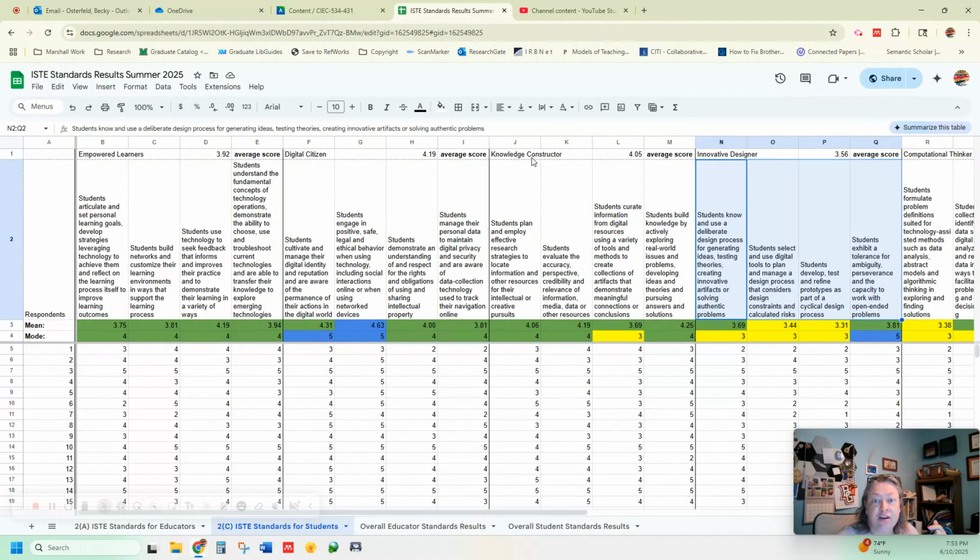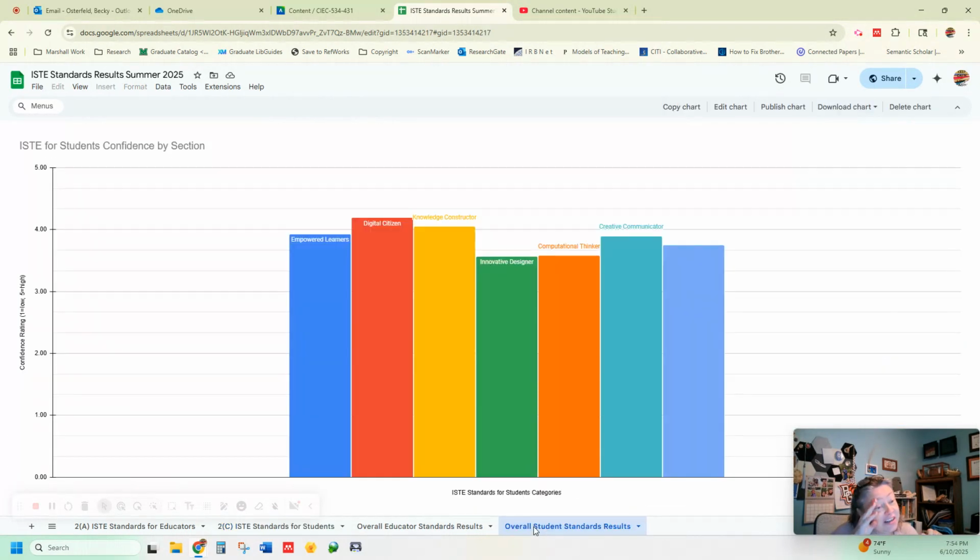Knowledge constructor was very high for us as teachers for our students, as was digital citizenship. So I love that it's the strongest in both. Clearly that message is getting across. But you see that across the board, we only have 2 that are above a 4. Everything else is below, and you see where these fall relatively.